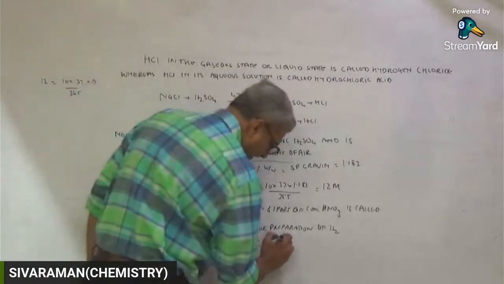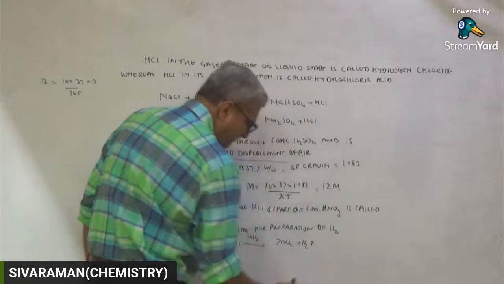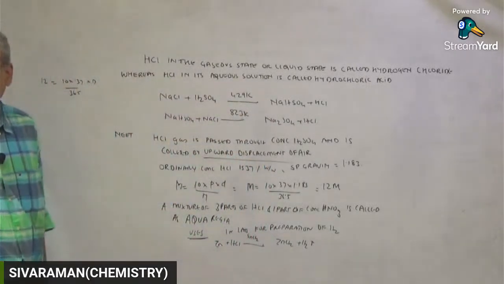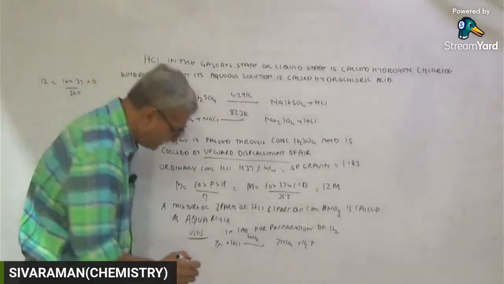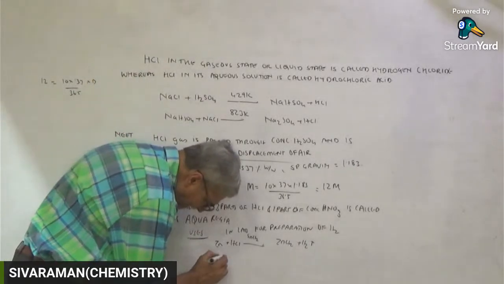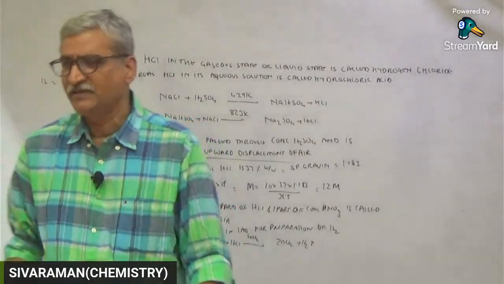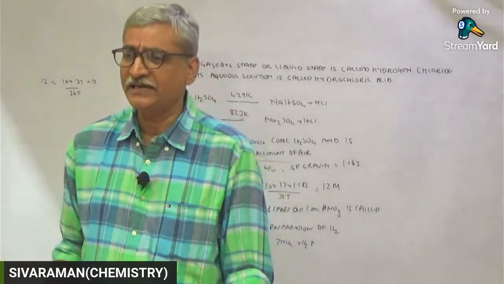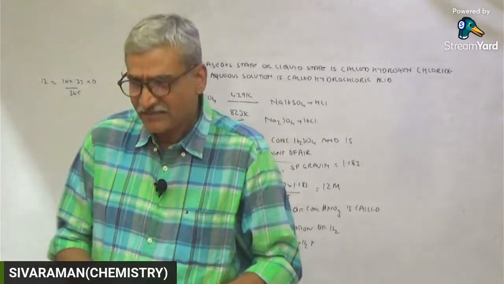But nowadays we don't use that. For a steady stream of hydrogen, we use aluminium plus NaOH plus water, which gives sodium meta-aluminate and hydrogen. That stream is very steady. So write down this much.